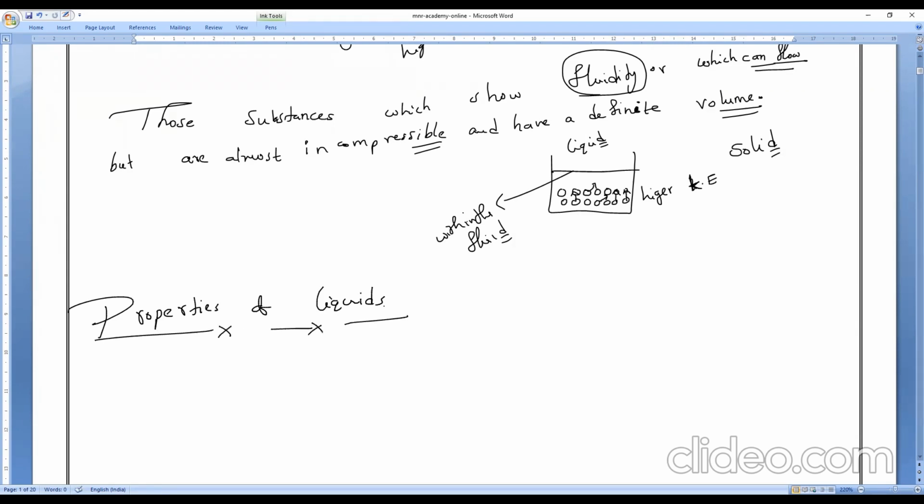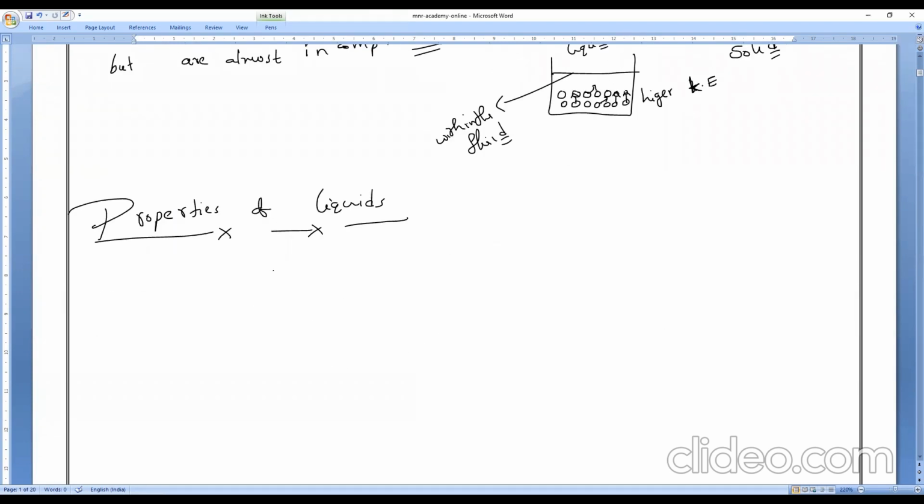We have studied many properties of solids: definite shape, definite volume, ability to form a lattice, little thermal expansion, highly rigid, low compressibility, negligible kinetic energy, and less or no diffusion. Is it right or wrong, everybody?